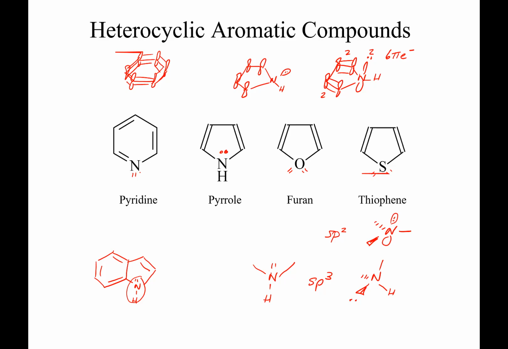But we'll find out on Monday that the one thing they never do is to choose to put that pair of electrons in the pi system, if that's going to make the pi system 4n. It will never choose to do that because then it's going to become anti-aromatic. Then it's like, no, I think I'll just stay sp3 hybridized because non-aromatic is more stable than anti-aromatic.